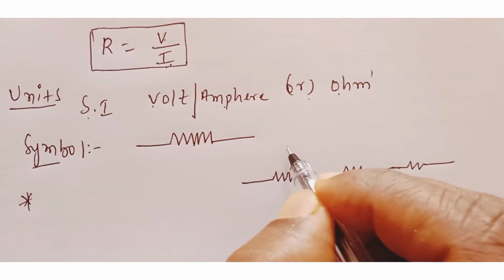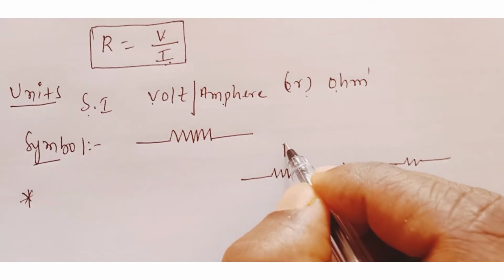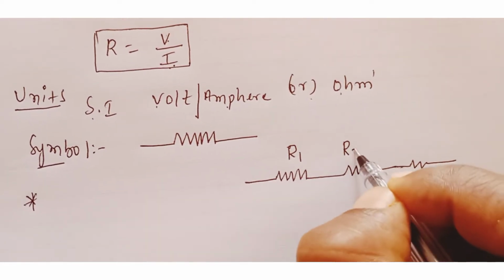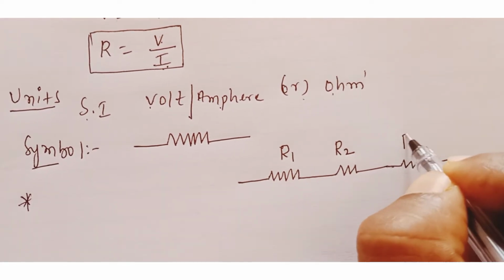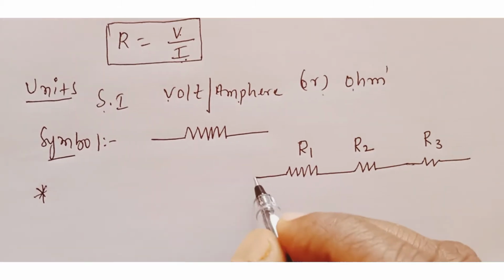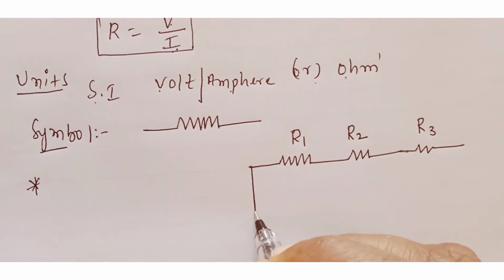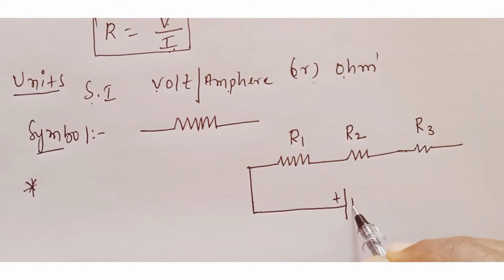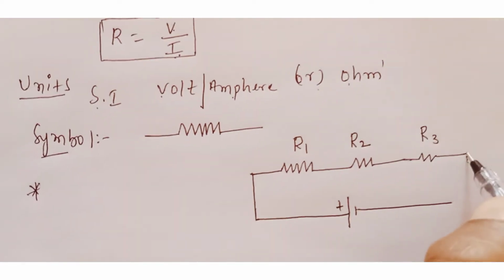The resistance of the first resistor is R1, this resistance is R2, this resistance is R3. These are all connected to the terminals of the battery. This is the positive terminal. This is the negative terminal.